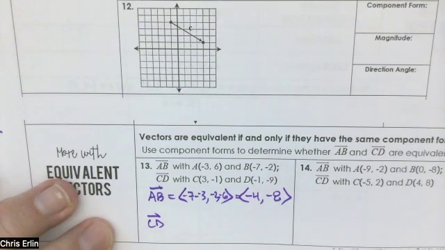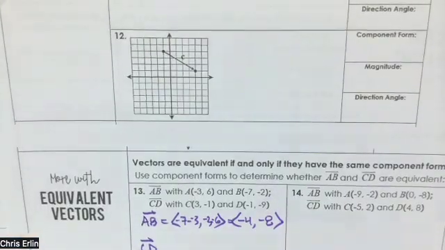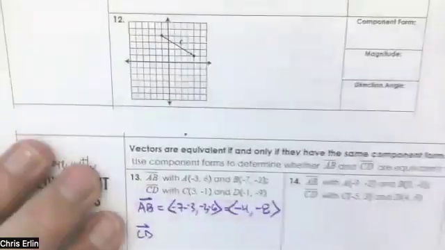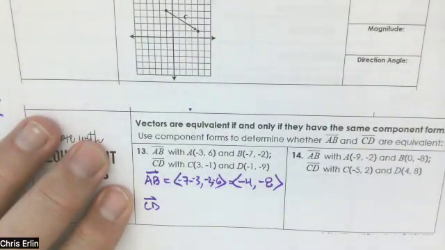Go. Okay, what is it? -4, -8 is what? Caleb? Beautiful. If you move that vector to the origin, standard position, this is its terminal point.